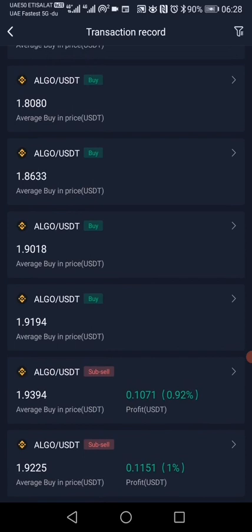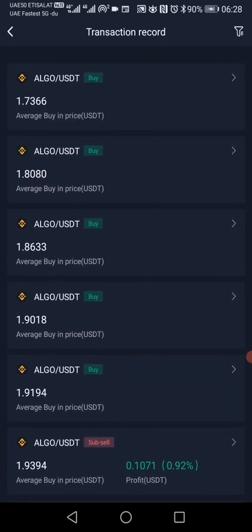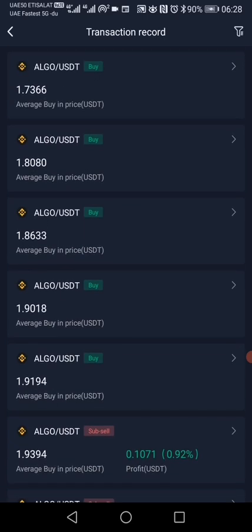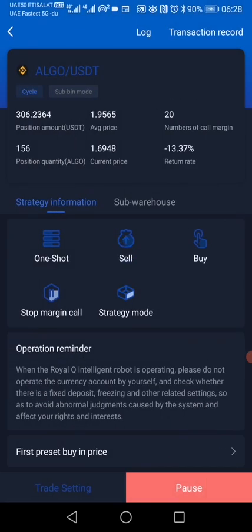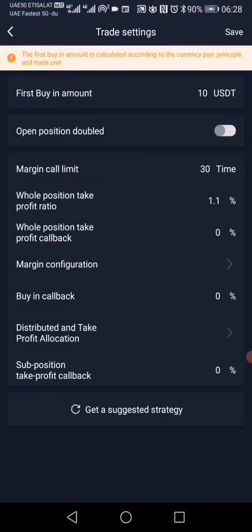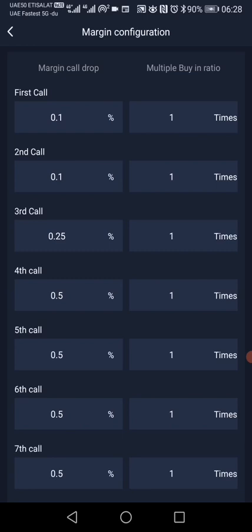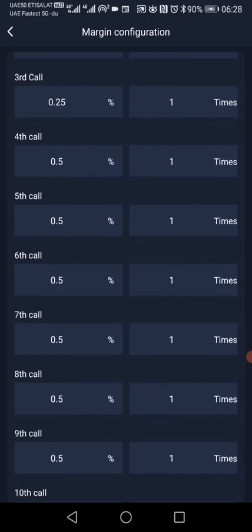The next one will be 18, next one 19, next one 20. The last one will be 21. So this particular trade is on the 21st margin call. Although it's showing 20 here, so that means it is the 20th margin call. So that's how you determine the margin call that you are already in.